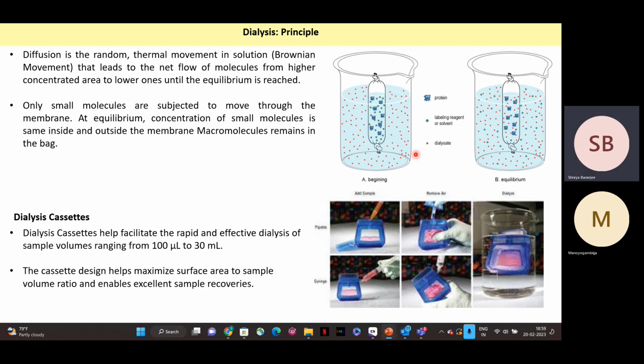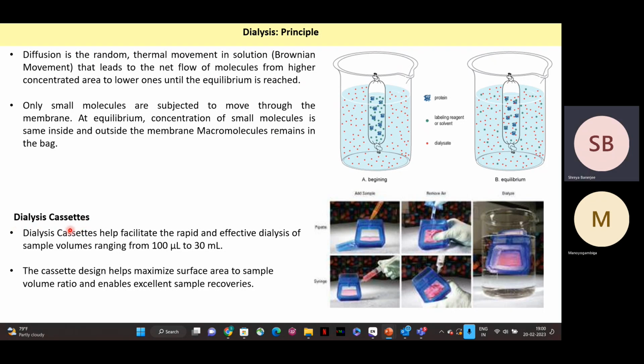So this is an example of dialysis shown here, where these large molecules are the proteins. These blue balls are the solvent, and this red molecule is the dialysate. So at equilibrium concentration, the solvent comes out from the semi-permeable membrane, leading to concentration of the protein inside the semi-permeable membrane.